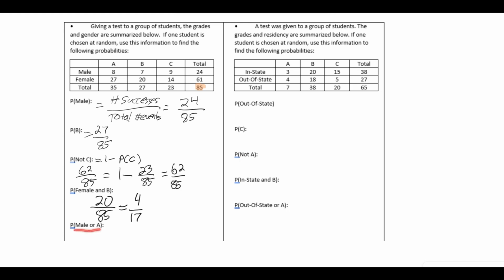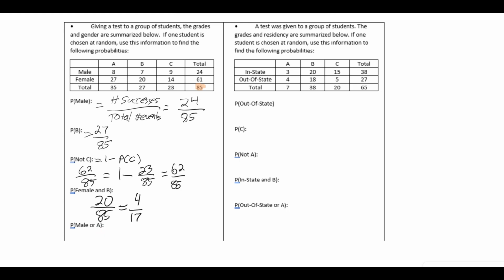Finally, male or A. Here we have to worry about, there's 2 ways to do it. There's either a formula or there is just adding up from the table. All the males or all the A's.